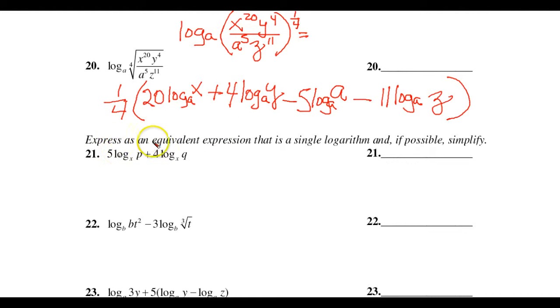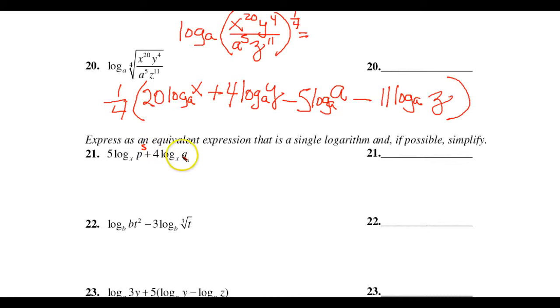All right, express as an equivalent expression that is a single logarithm, and if possible, simplify. So our base here, let me look at this one a little more carefully, because I see, okay, our base is x. So we have a 5 that's going to be on this one.